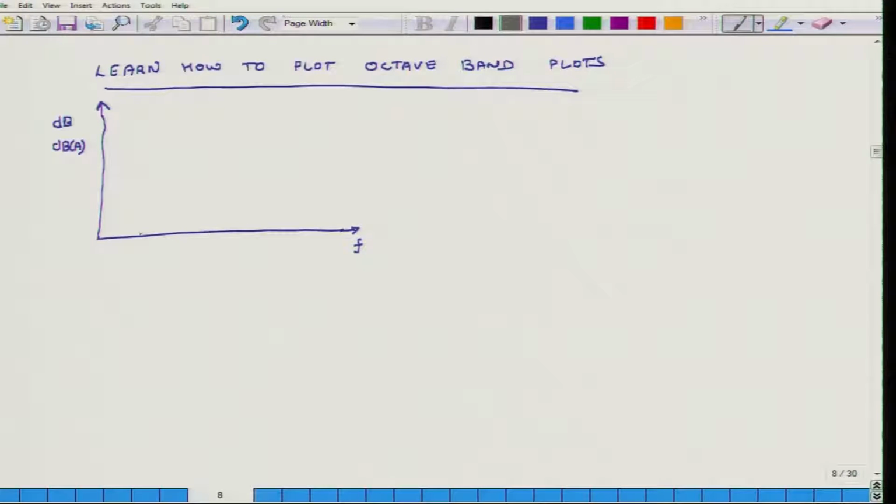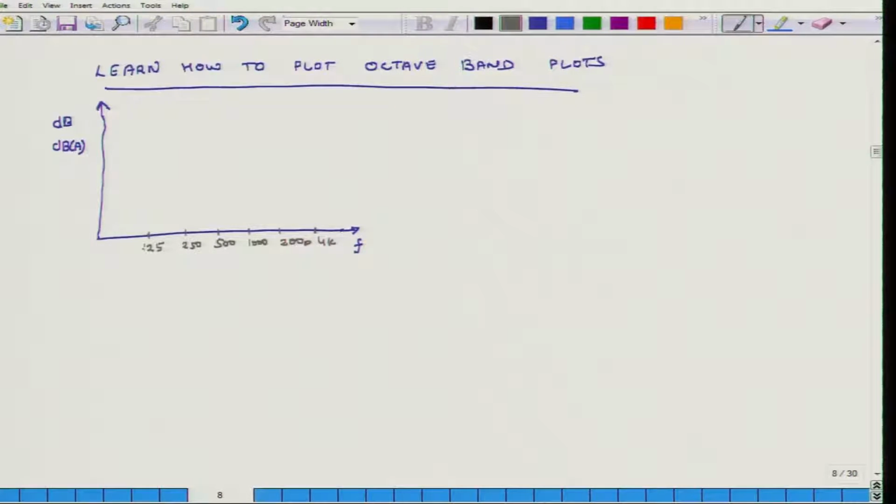So, let us say we are plotting the octave band plot, not the 1/3 octave band plot. Let us say I am starting from 125 hertz. So, this is my first central frequency, then this is 250, 500, 1000, 2000, and let us say 4K. I want to go up to 4K suppose.